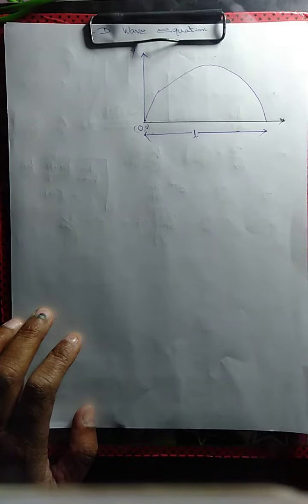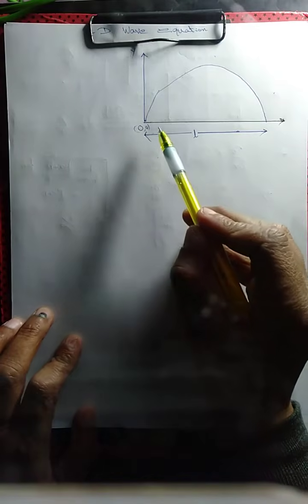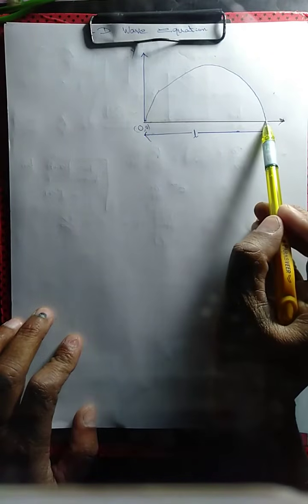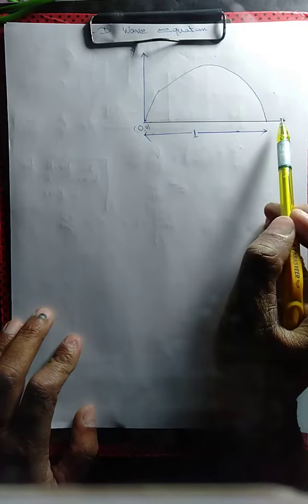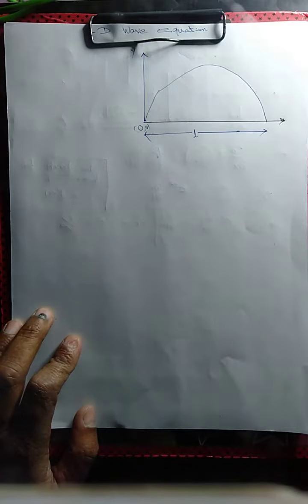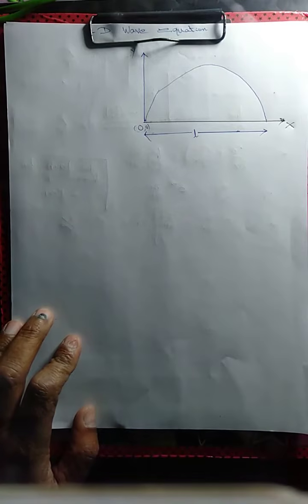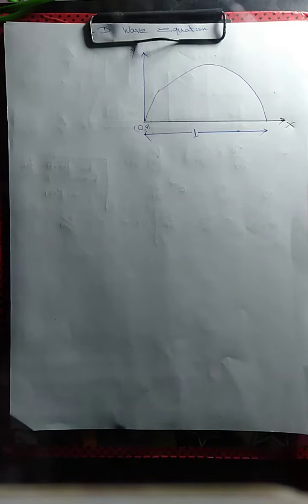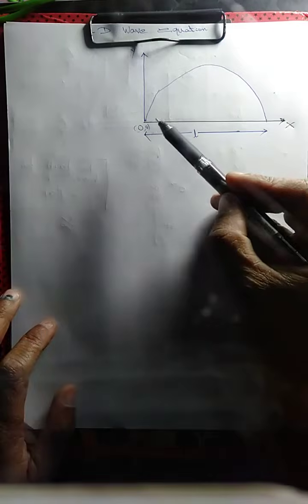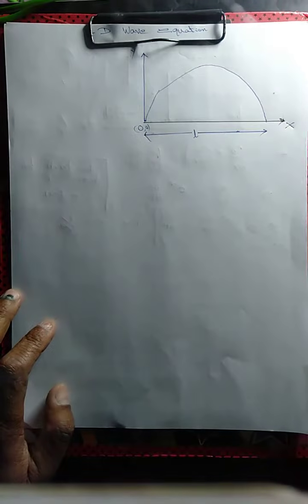Okay, we derive the one-dimensional wave equation. For that purpose, we consider a string of length L that lies on the x-axis. So we have the x-axis here, and on that x-axis we have a string of length L, and we have the y-axis as well.